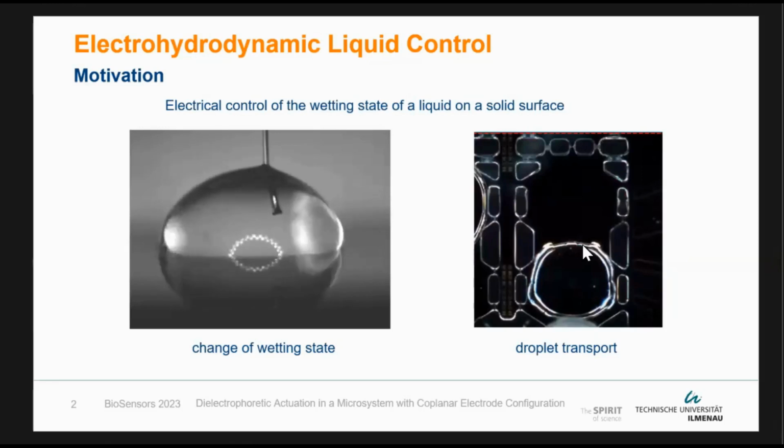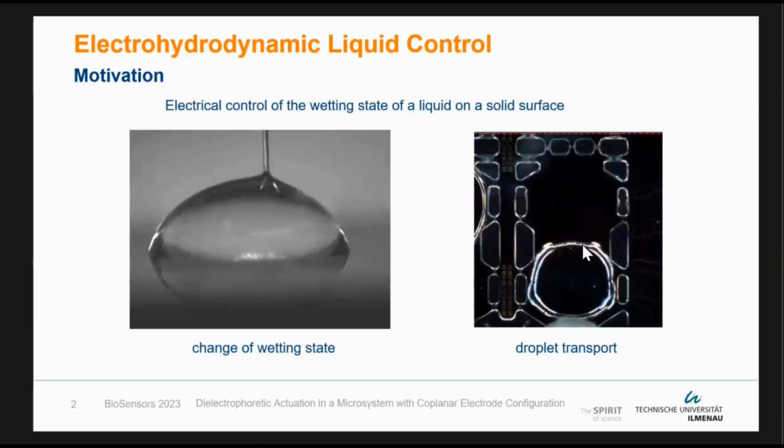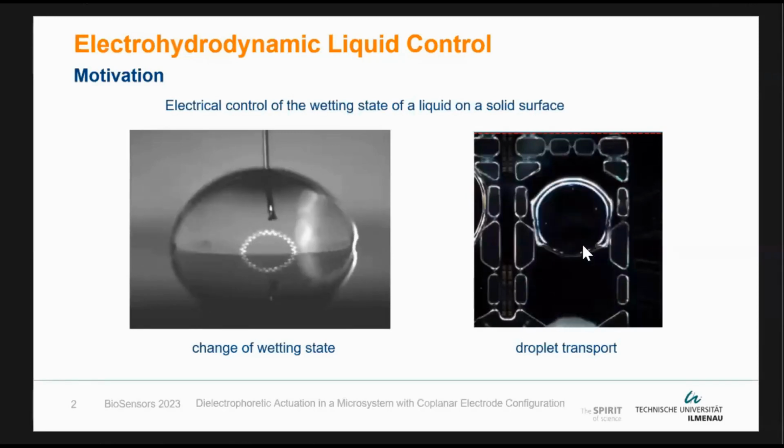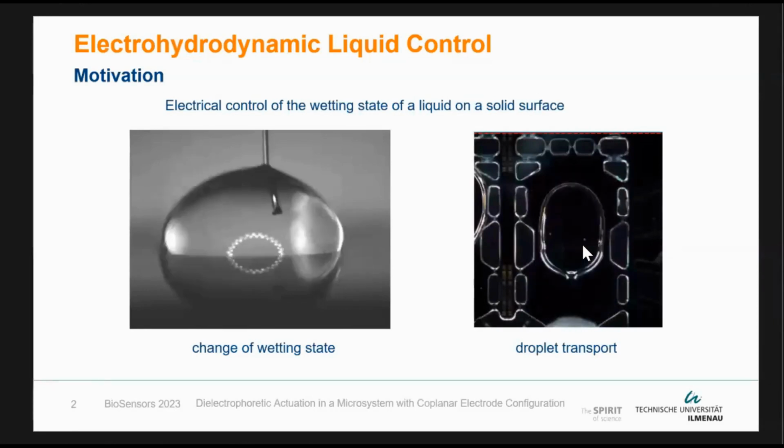So we can use it to manipulate the wetting angle of a liquid by the application of electrodes in our liquid and underneath to change its wetting state, from de-wetting, hydrophobic, to a wetting, hydrophilic state. And we can also use it to move droplets across a planar surface.